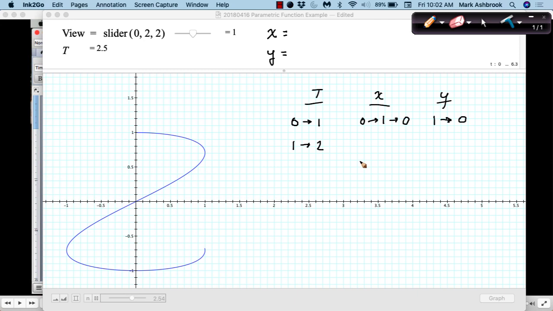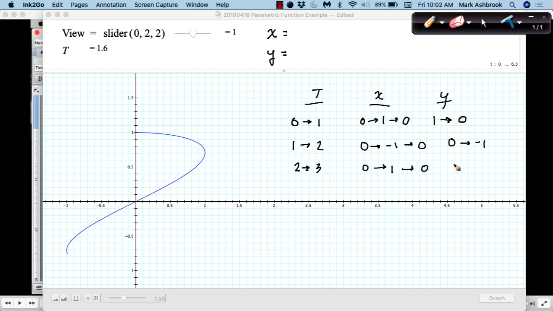What does x do as t goes from 1 to 2? McKay? 0 to -1 to 0. Okay, and y? 0 to -1. Okay, and then as t goes from 2 to 3. What do we think? Allison, did you get it? 0 to 1 to 0. Okay. And y? -1 to 0.